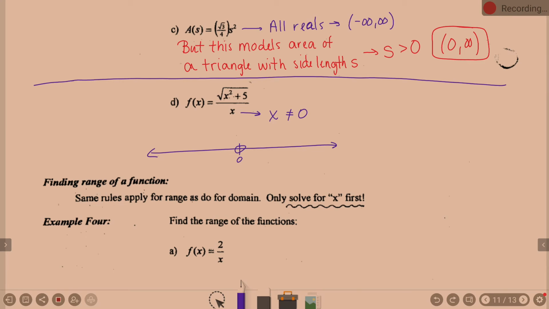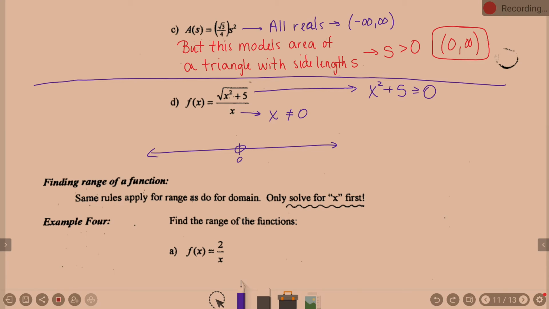What's the other piece I need to think of? Okay, there's a square root. What do we know about a square root? X squared plus 5 has to be positive. Math speak for positive is greater than or equal to 0.